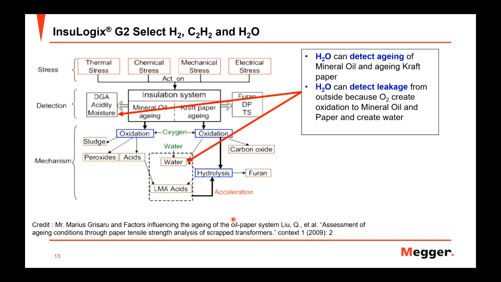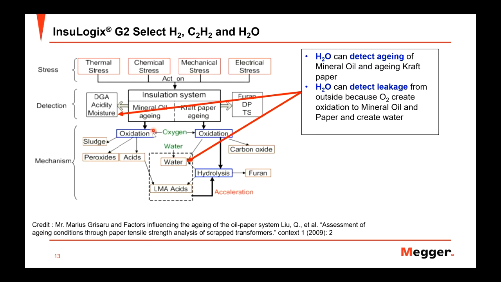Next is the water. Water can detect faults. No, it's not a direct fault, but water can detect something that is going to damage your installation, such as in this diagram here.